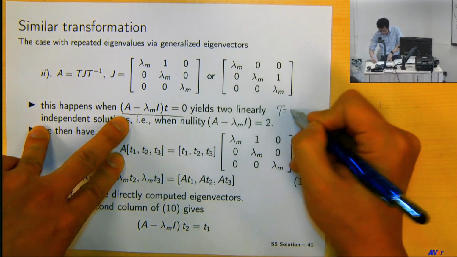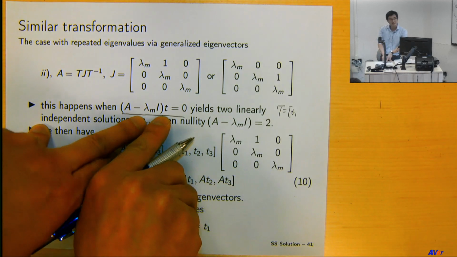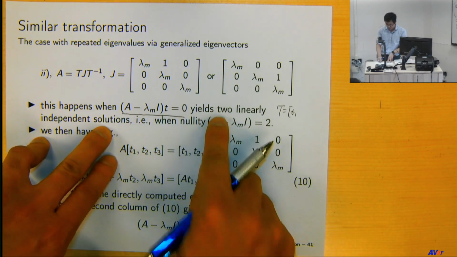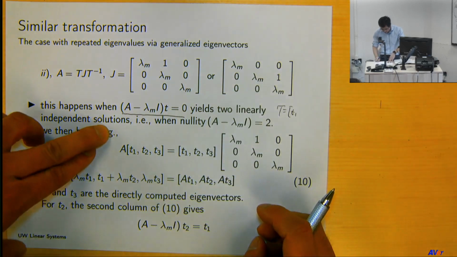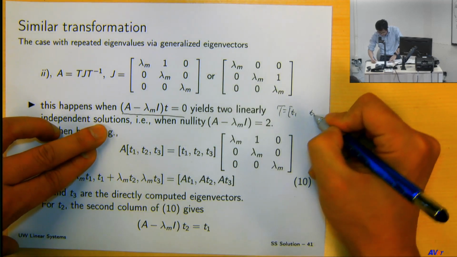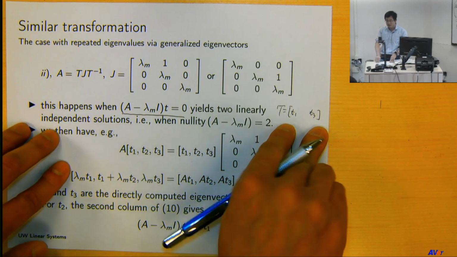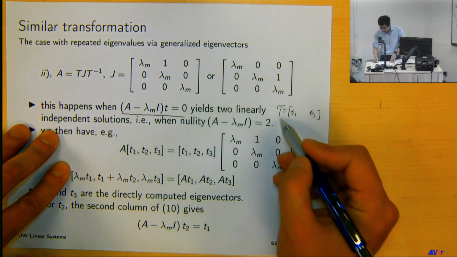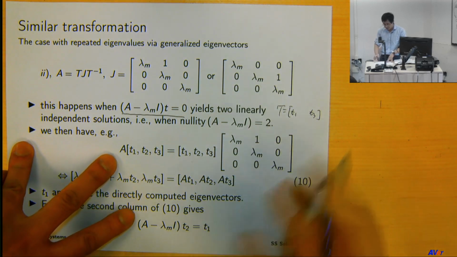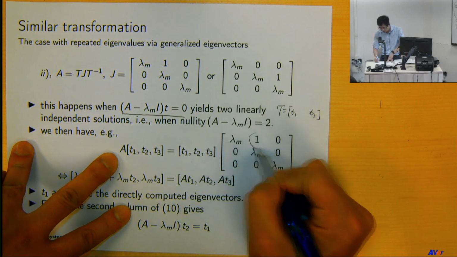But it happens when, from the eigenvector solution, I can get only 2 linearly independent solutions, so let's say T1 and T3. So I only get 2 linearly independent eigenvectors, and I need 3. I need 1 more to make my T matrix invertible. It is in this case that this kind of Jordan structure comes up.